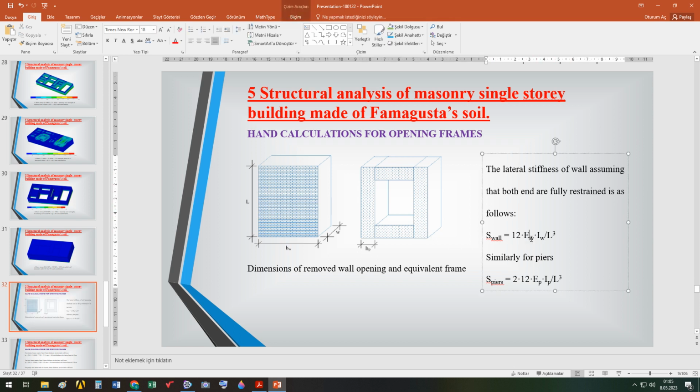This is the wall elasticity modulus, wall moment of inertia, and L. Okay, when the load acts in this direction, for this pier, I have two piers, one here, one here. Similarly, the two piers' lateral stiffness can be assumed with this equation.